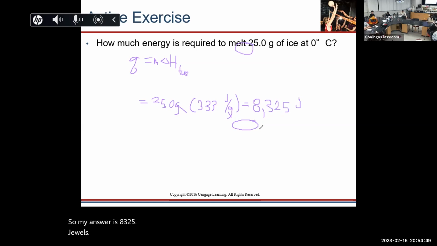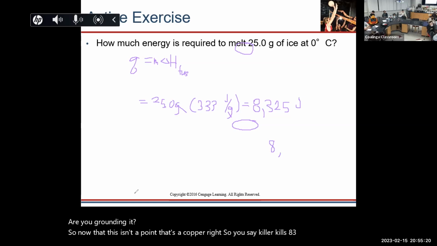So then my final answer should be 8.3. So now you know that this isn't a point, that's a comma. Right? Oh, I think kilojoules. Oh, you said kilojoules, 8.3 kilojoules.